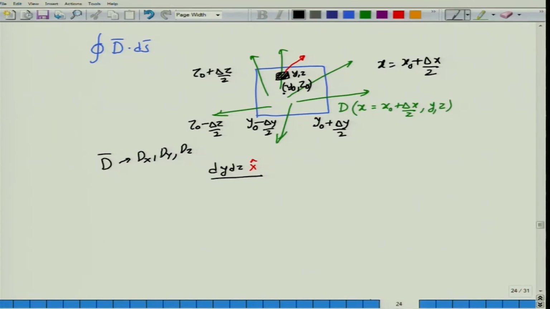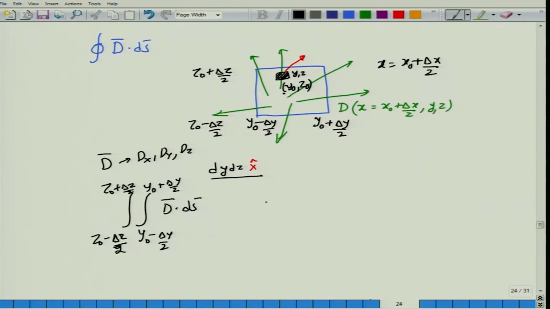So what I have is the surface integral of D dot dS over the front surface, in which y goes from y naught minus delta y by 2 to y naught plus delta y by 2, and z from z naught minus delta z by 2 to z naught plus delta z by 2.